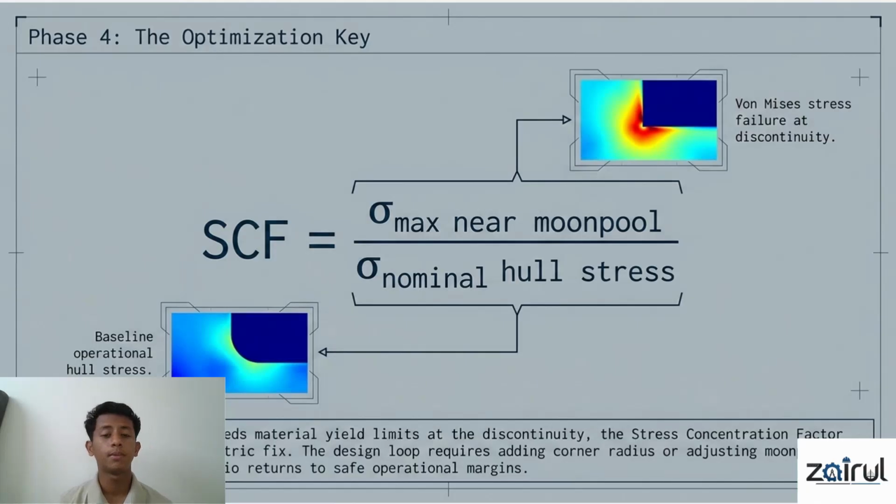So we will need to improve that area before it is deployed to the real world, at the river or at the lake. This result helps determine whether the current design is safe or requires modification before it's deployed.